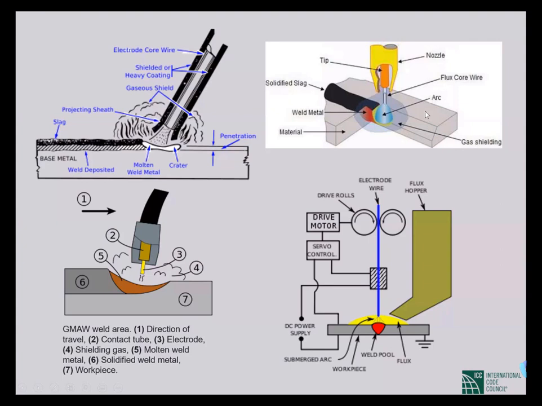This is also doable at the site, but you need a machine for this. It comes with a machine. And the bottom right is the submerged type, submerged arc welding, SAW. So you need a big facility for that. You cannot do that at site. Usually that's done at factories. So these are different types of welding.